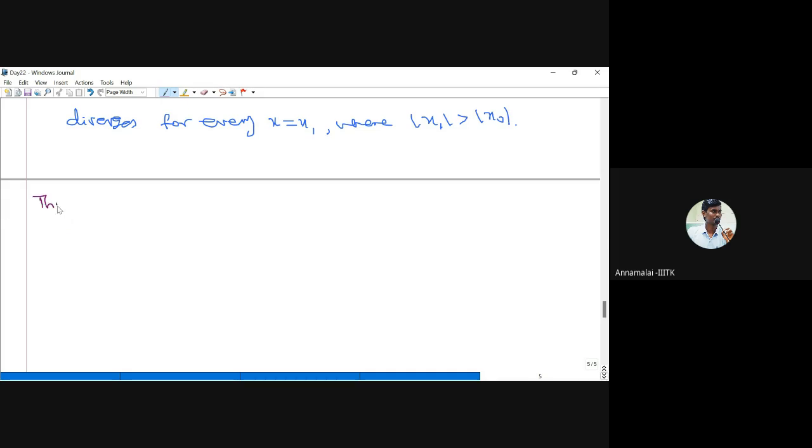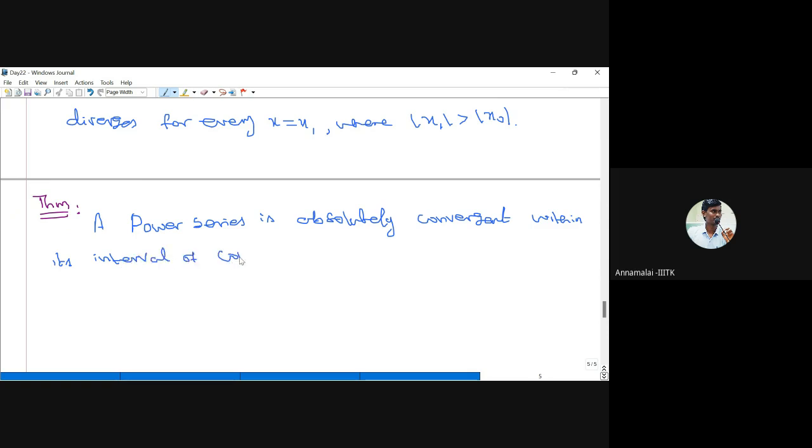So the next theorem: a power series is absolutely convergent within its interval of convergence and diverges outside the interval.